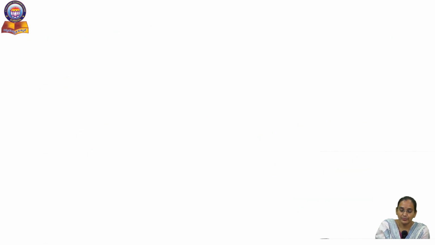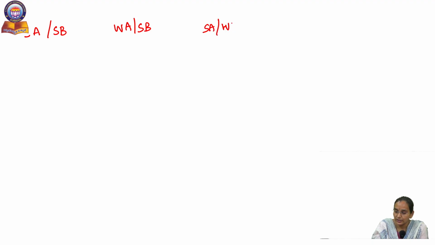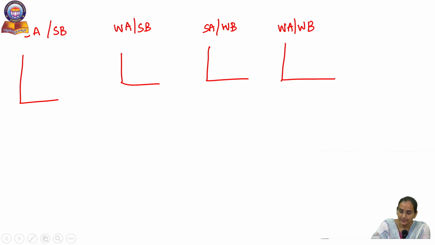Now, just a brief discussion between strong acid versus strong base, weak acid versus strong base, strong acid versus weak base, weak acid versus weak base. We'll draw the graph. Just a brief revise. With the decrease in the number of ions, conductance decreases.